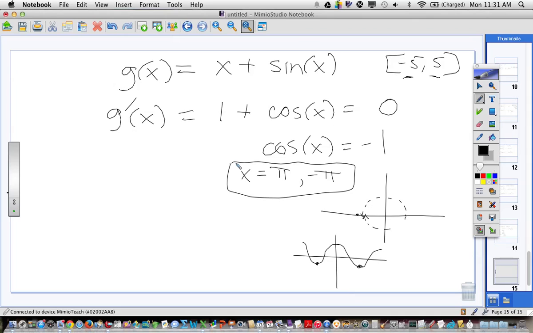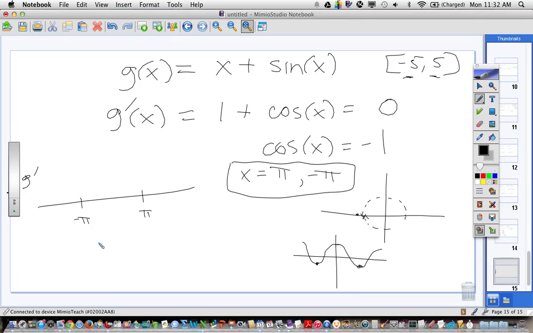Now, it wants to know about local max and local min. Well, this is where your number line comes in. G prime. Put those on a number line. I'm going to let you do the rest. Pick points in between. I would pick pi kind of points. Now, 0 is a good one to put in between here. But over here, I'd pick some pi kind of points instead of 4.